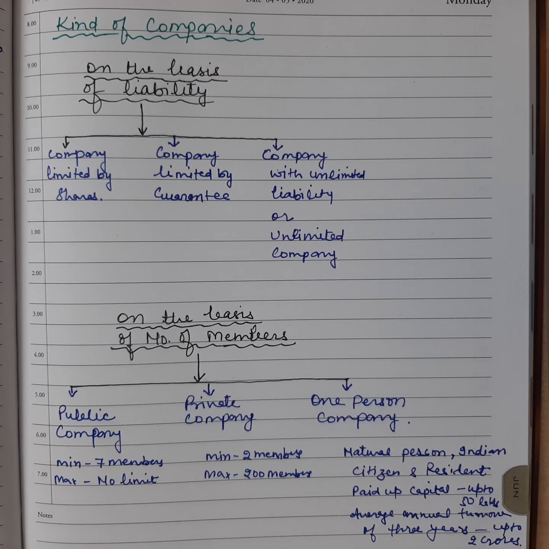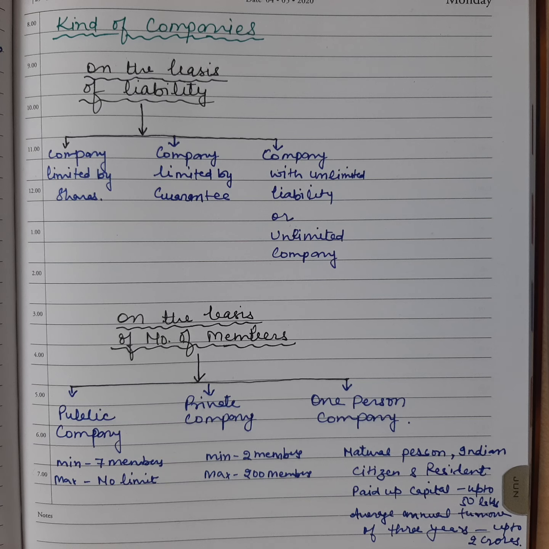For example, in the event of winding up, even the private properties of the member can be held responsible, and no specific limit applies to the liabilities of members. Even the capital of the member can be used to pay off the liability of the company in the case of an unlimited company.